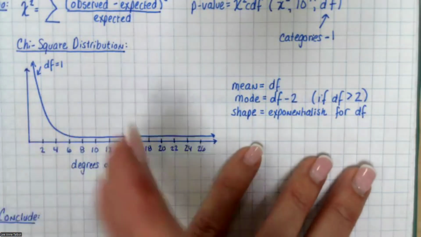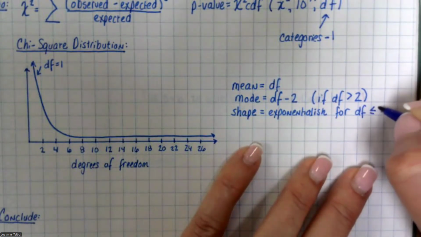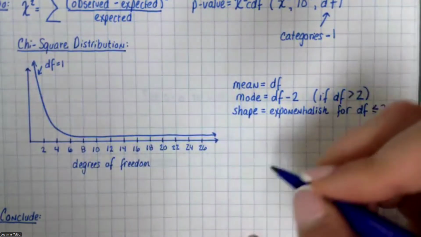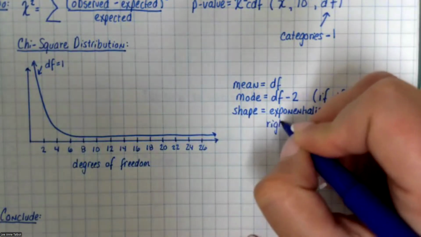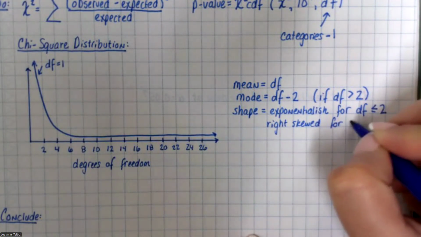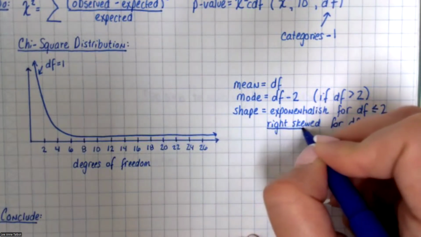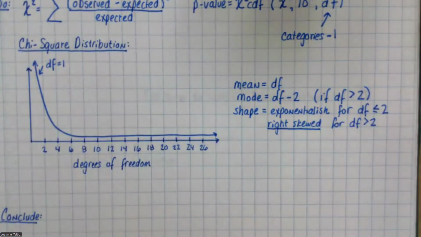That wouldn't be something we would ever do. But anyway. This is the one you care about, because all the ones we're going to do are always going to be right skewed, which is great, as I was saying.